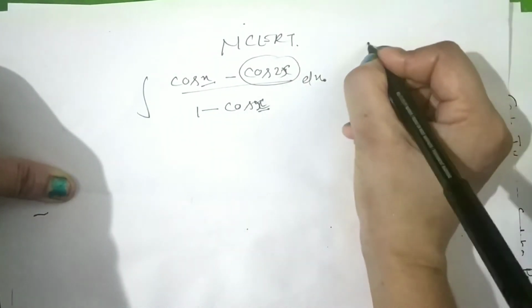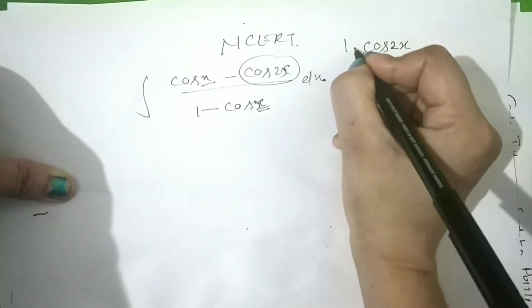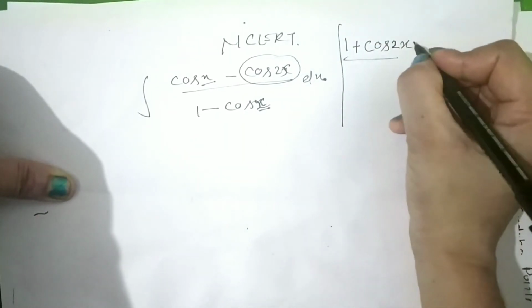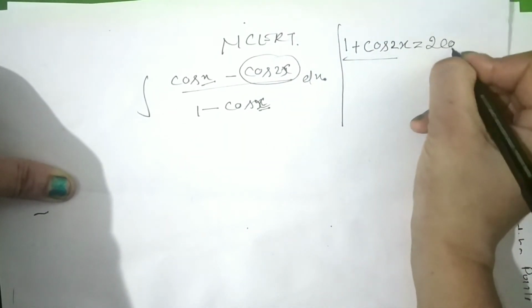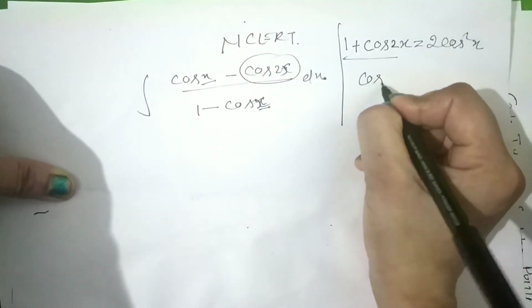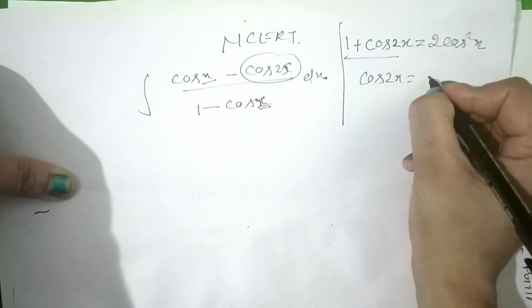So to resolve this again, we are going to use the cos 2x formula, 1 minus cos 2x and 1 plus cos 2x. Here we are going to use 1 plus cos 2x, which is 2 cos square x. Why are we using it here? Because the other terms are involving cos, so we need the formula in terms of cos.